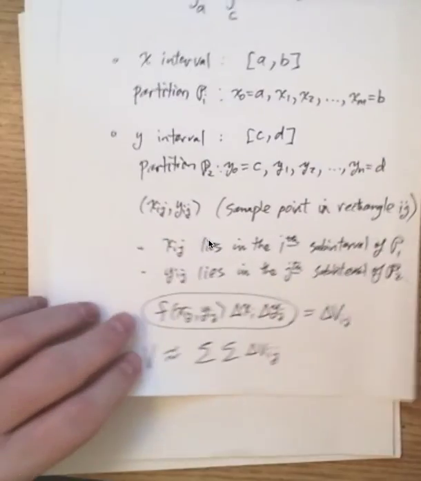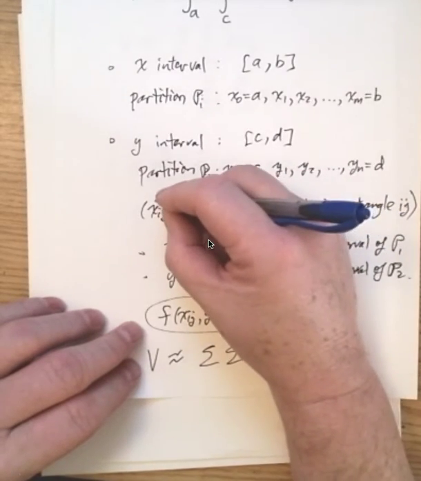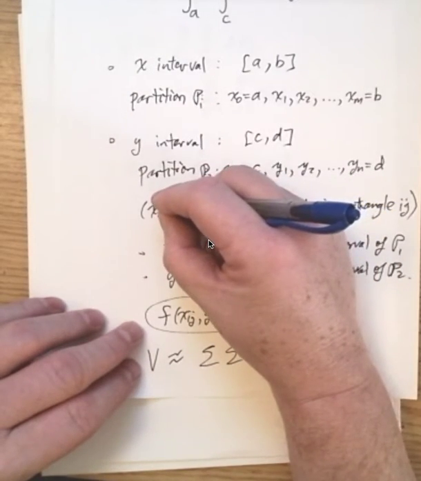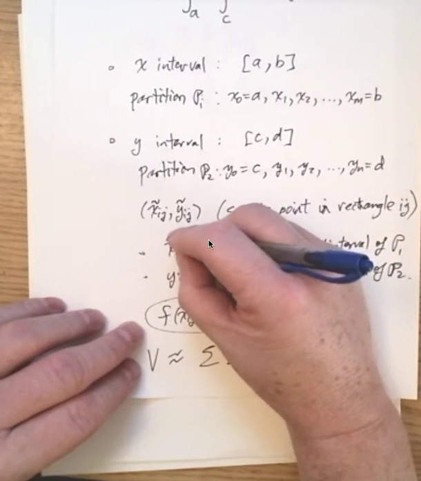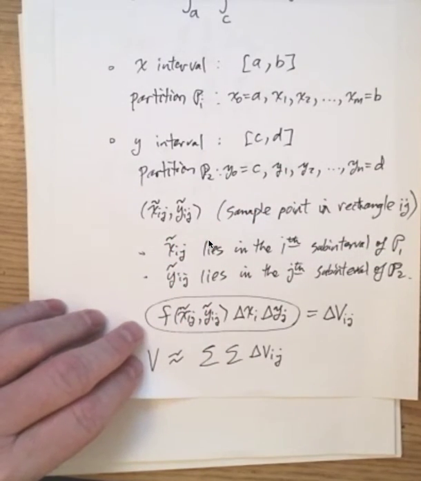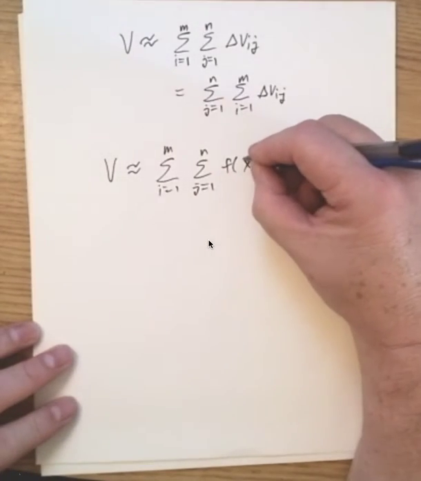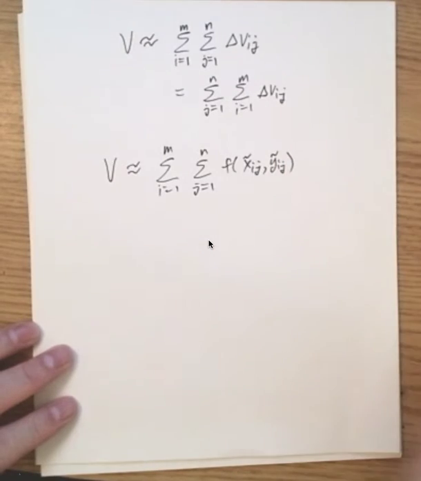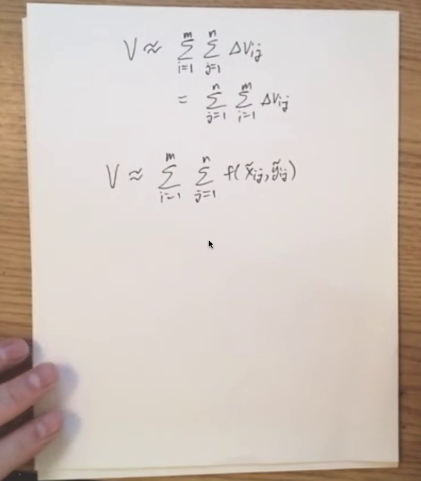These are just sample points, so let's put a little tilde on these. Do you know that word? Tilde. So this is our sample point. I'm just saying these are not the endpoints of the subinterval necessarily.